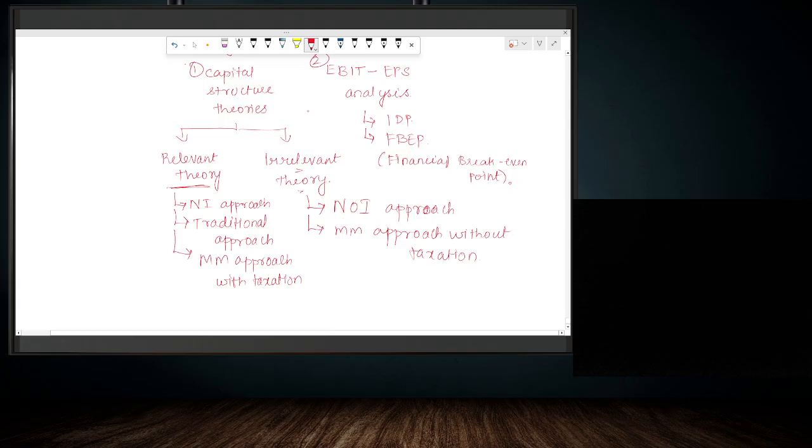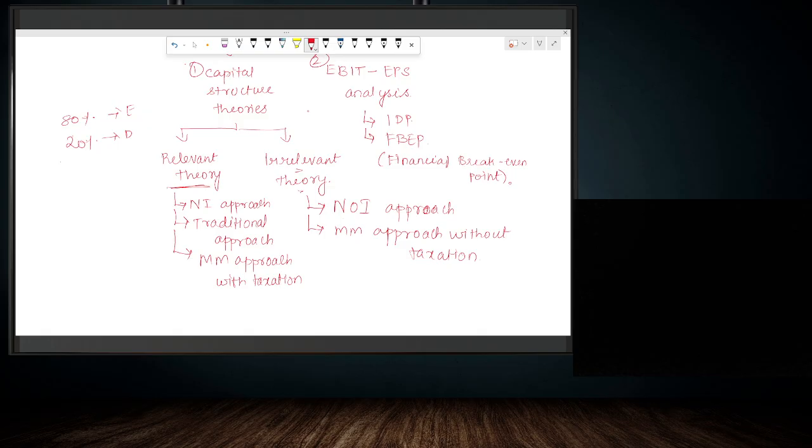So first let me tell you what is a relevant capital structure theory and irrelevant capital structure theory. A relevant theory tells us that if a company is bringing a change in the capital structure, it will have an impact on the market value of the company. For example, let's say a company has 80% equity and 20% debt.